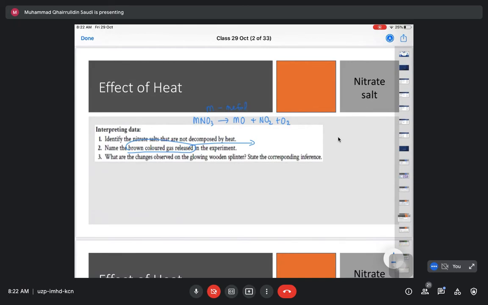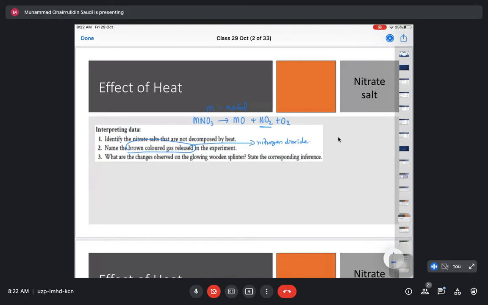Nitrogen dioxide. Yes, nitrogen dioxide gas. Sebab nitrogen dioxide gas ada warna brown. Okay.